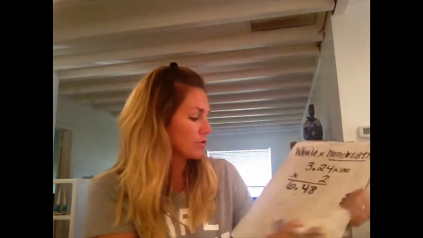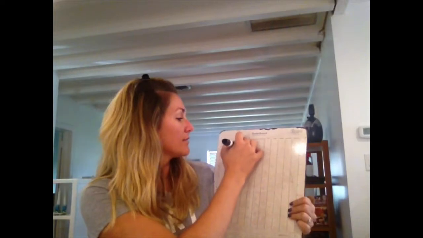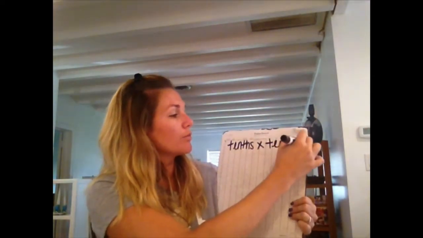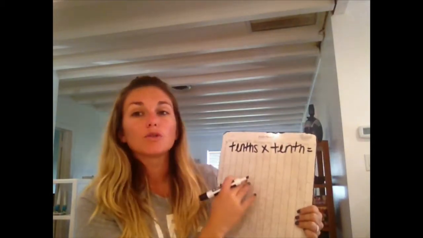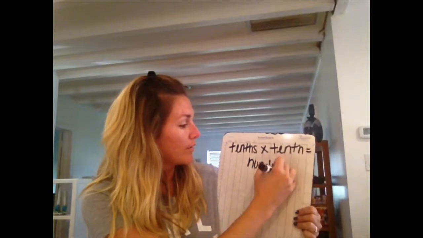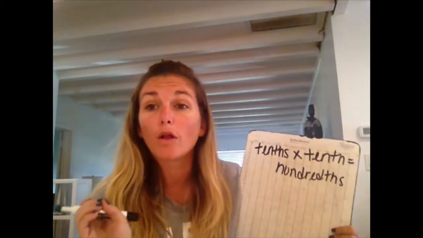Now, where it gets a little tricky is when I have tenths and hundredths, or tenths and tenths. When you have a number to the tenths times a number to the tenths, your product will be to the hundredths, okay? Because remember, when we multiply by parts of a whole, my answer is always going to get smaller.